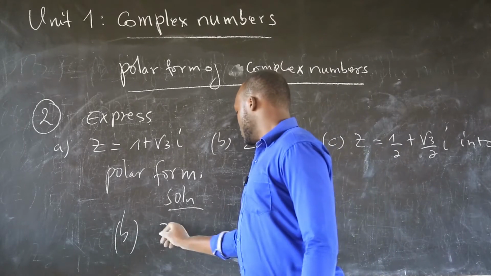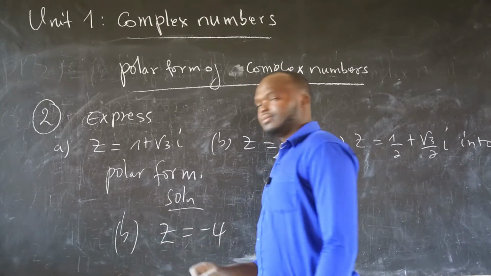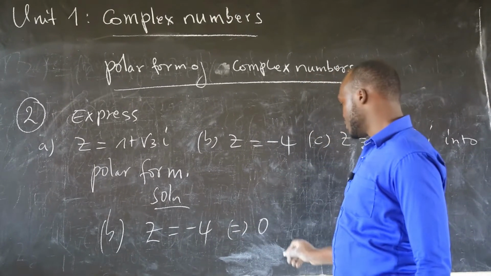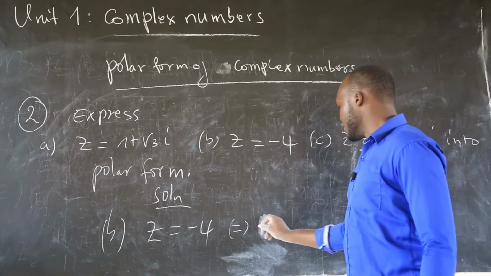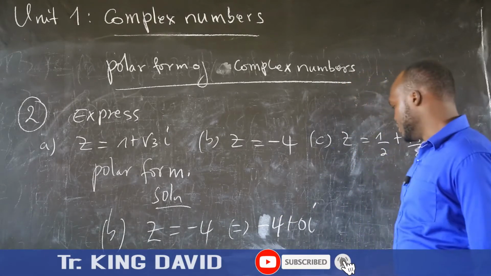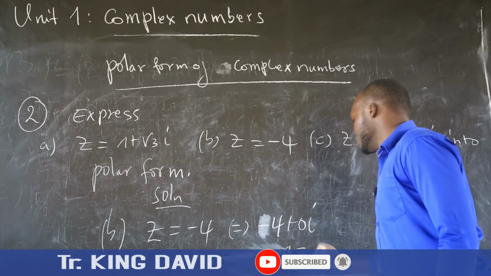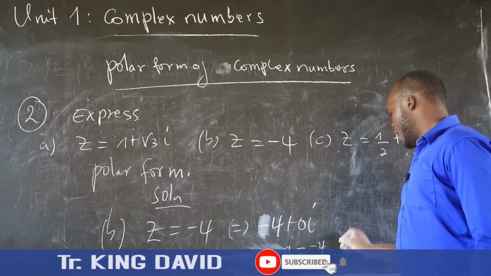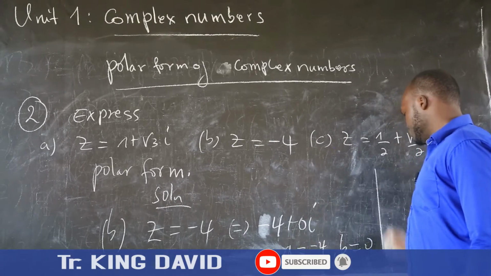So you have z equals negative 4. This is like negative 4 plus 0i. So it means that our a is negative 4 and our b equals 0.